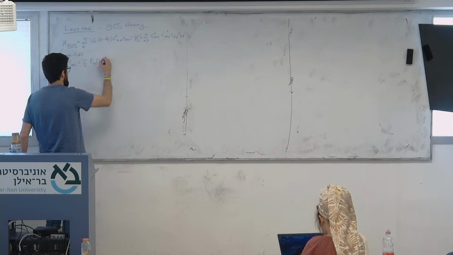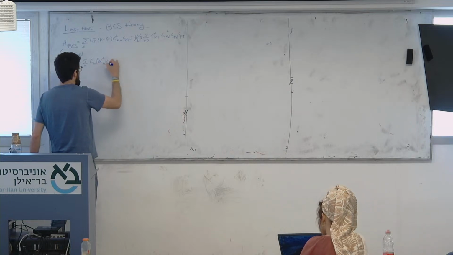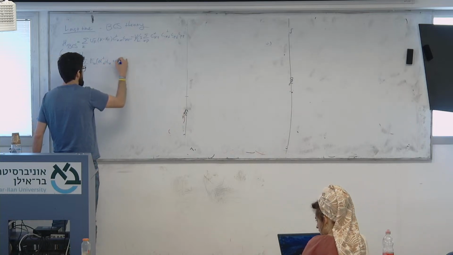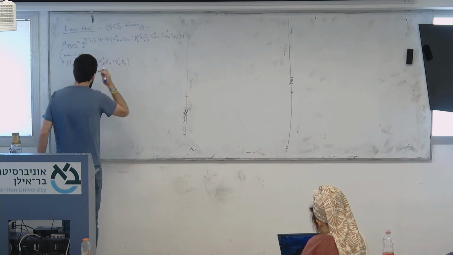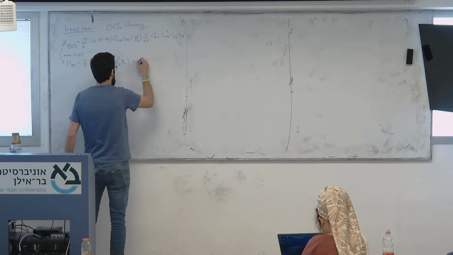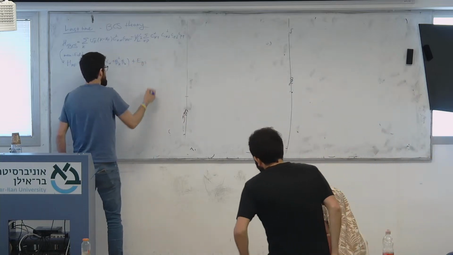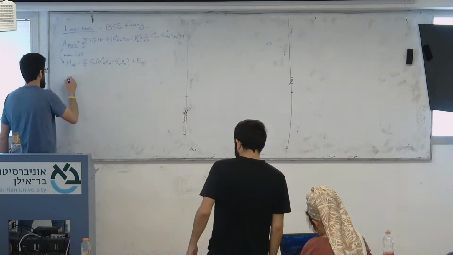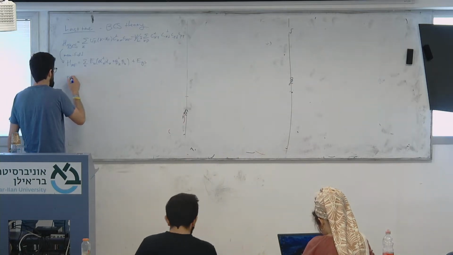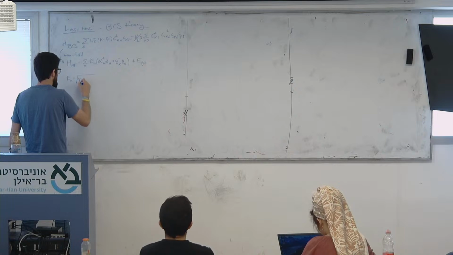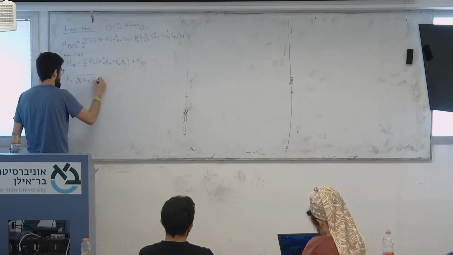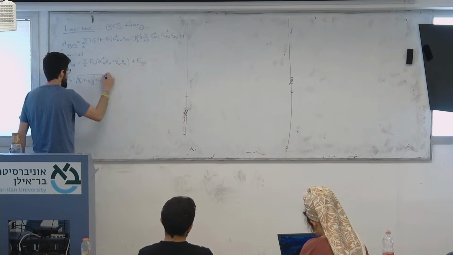Ek alpha dagger k alpha k plus beta dagger k beta k. These are the Bogoliubov excitations plus E ground state, and we saw that Ek is equal to the square root of vF (k minus kF) squared plus delta squared.